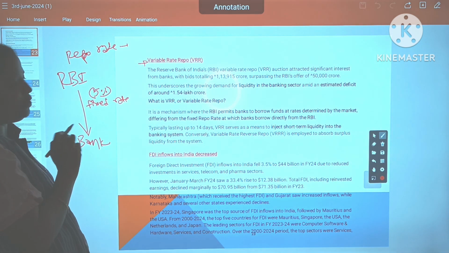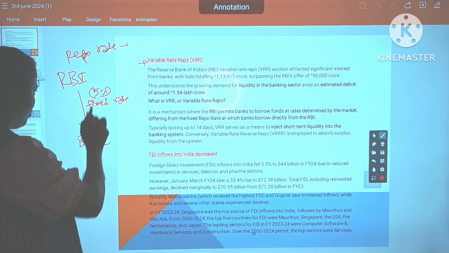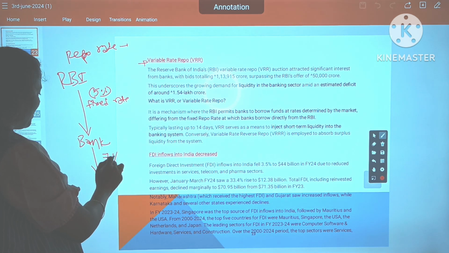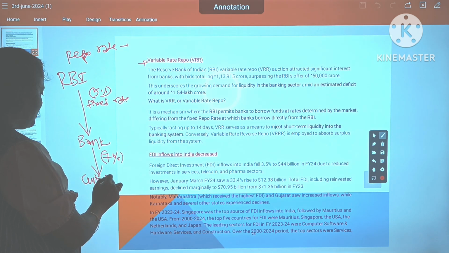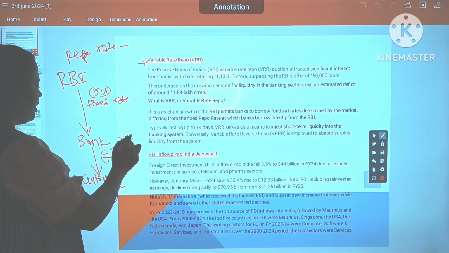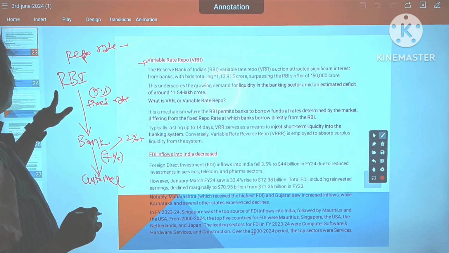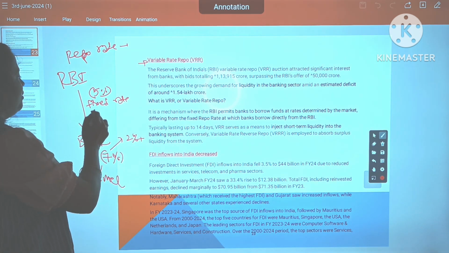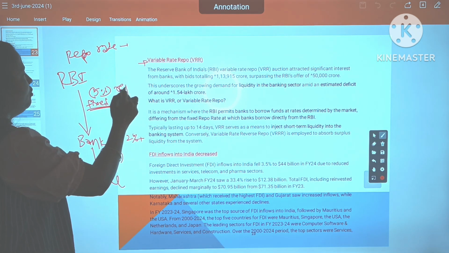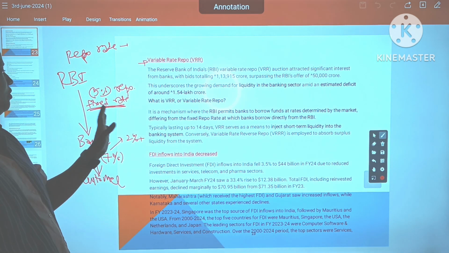So what will the bank do? The bank will add some more. At the rate of 7%, they lend to the customer. So they are getting a 2% profit here. So the rate at which RBI lends to banks is called the fixed repo rate.